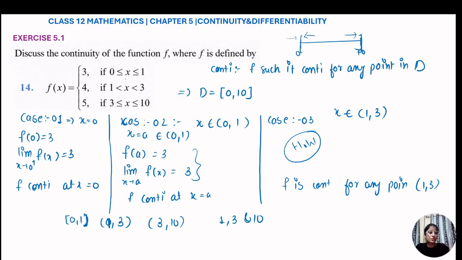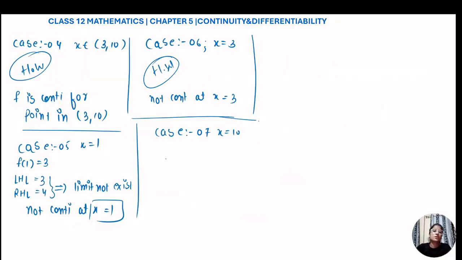This is the same as what you did for case 1. What is the difference? For x equals 0 you check only the right hand limit, and for x equals 10 you check only the left hand limit. So this will also be homework for you. I know I am giving you a lot of homework, but I have done the same cases for you. Now it's your job to do the similar ones. So from here what we get, continuous at x equals 10.